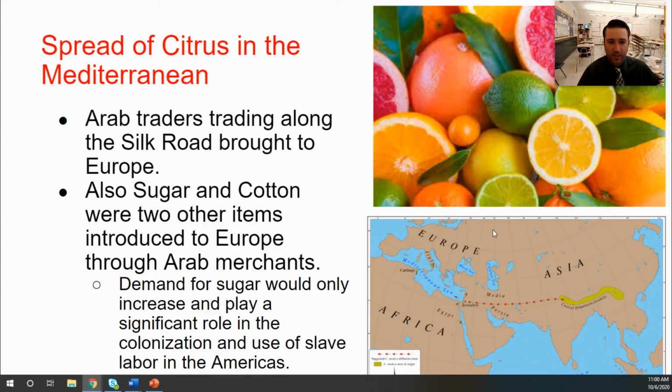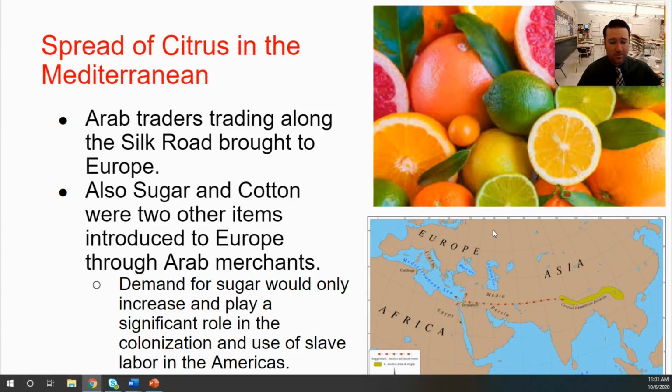So we move on to the spread of citrus in the Mediterranean, another example here, and then other things that I think are important to note, even though it's not directly mentioned as an illustrative example by College Board. But Arab traders brought along the Silk Roads from Southeast Asia and India these citrus fruits, and citrus plays an important role in history.